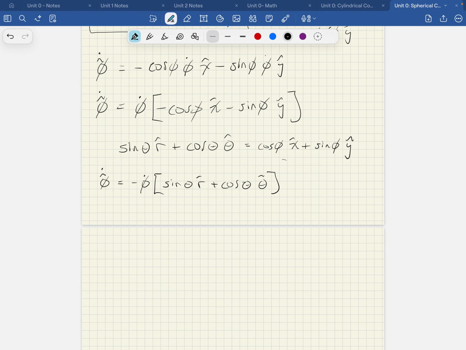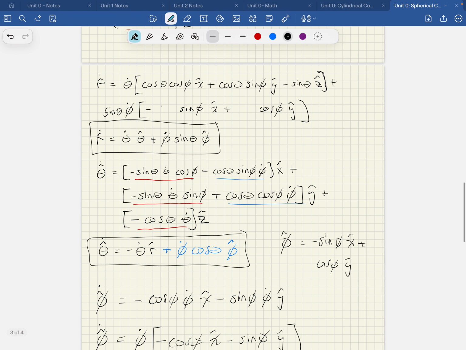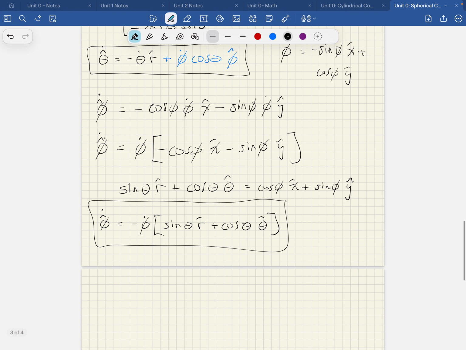And that looks important, so let's put a box around it. So now I have my three derivatives, r hat dot, theta hat dot, phi hat dot.